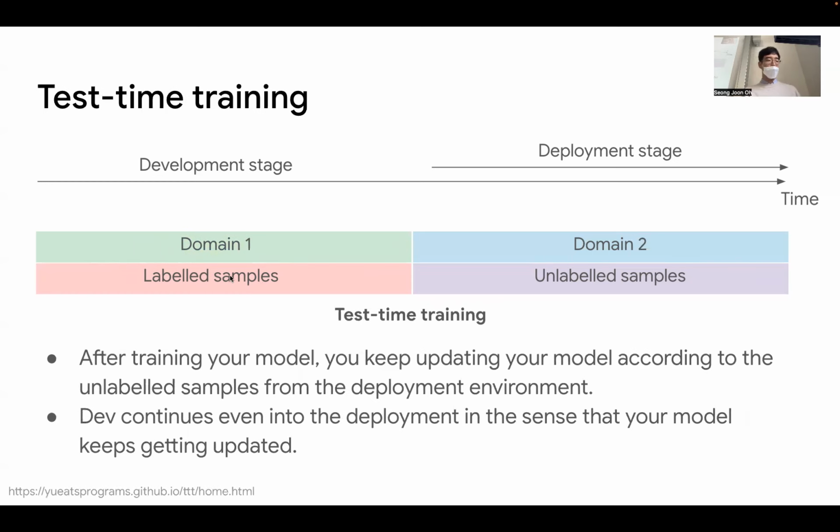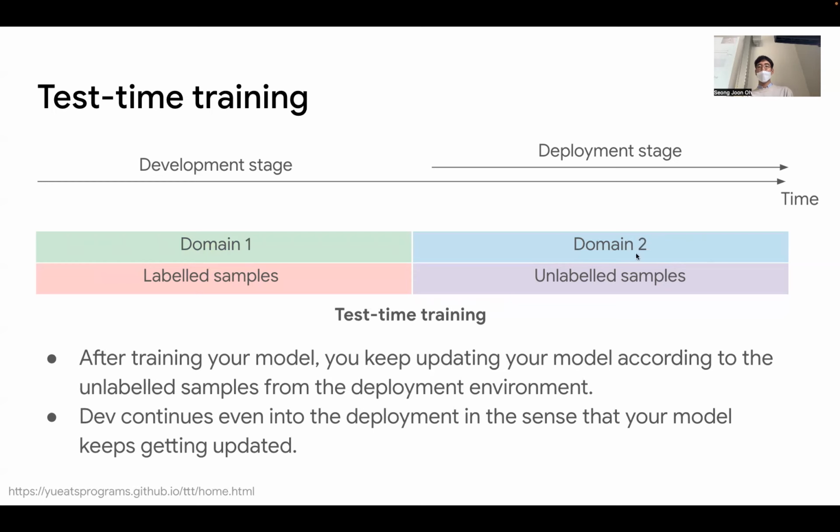Let's move on. So there's also test time training, which is also kind of interesting. There's domain 1 for development, and now you do deployment in domain 2, but you're actually using the domain 2 samples for continuously developing your new models.